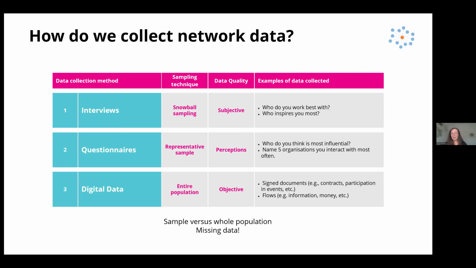Open data, such as public procurement contracts, participation events, who was invited as a speaker to what conference, who talks to whom, how much flows, and other things that can paint a very interesting picture about the underlying network structure that we can then complement with different other types of information.